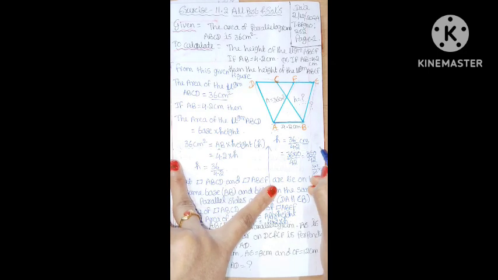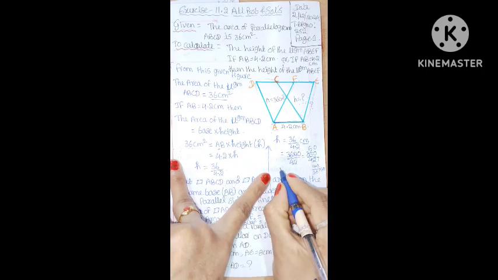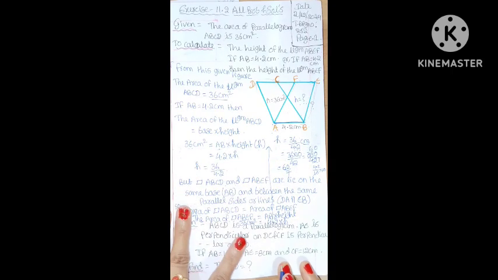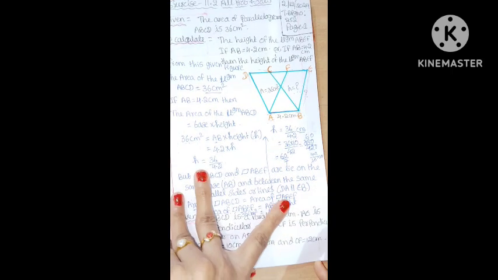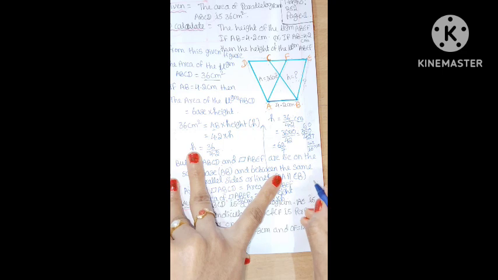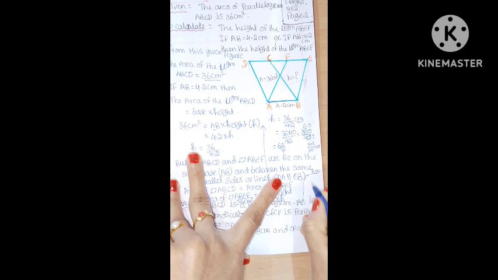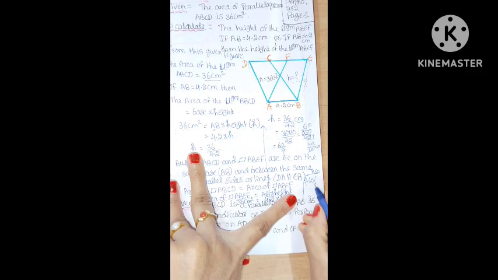Cancellation in the table of 6: 6 6s are 36, 6 7s are 42. So here we get 60 by 7. Now doing the rough calculation. 60 divided by 7: 7 8s are 56.